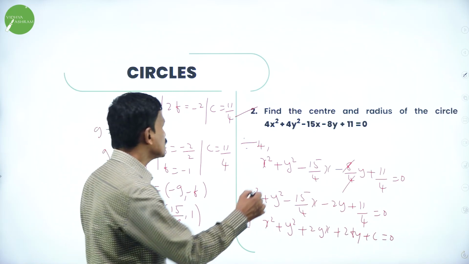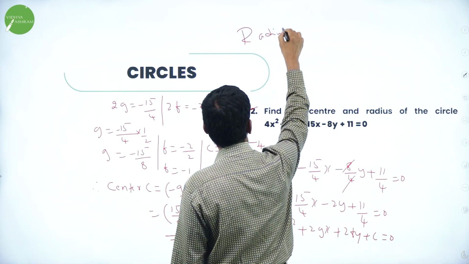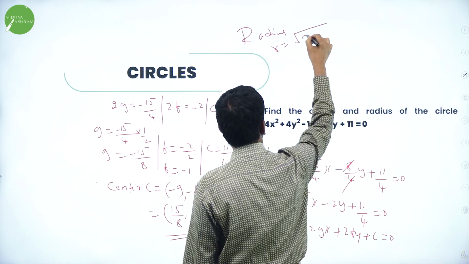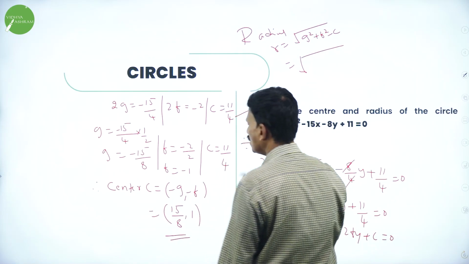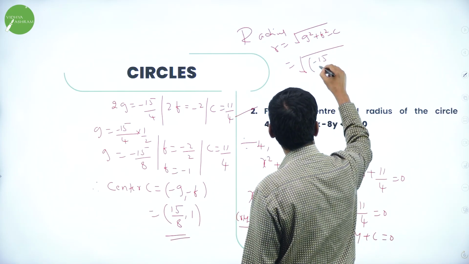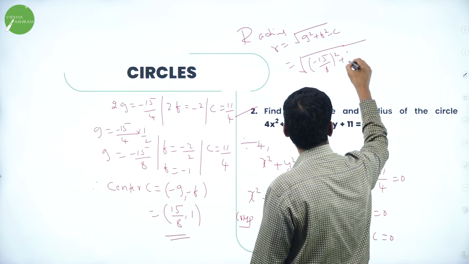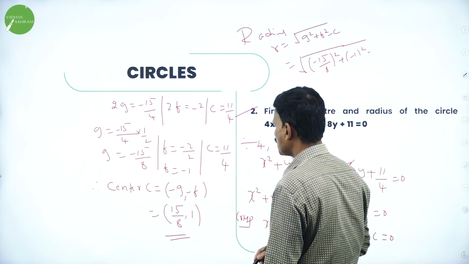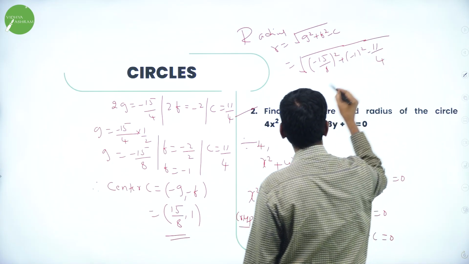Now what is the radius here? The radius r is equal to root of g square plus f square minus c. G square, what is g? Minus 15 by 8 whole square, plus f square, f is equal to minus 1 square, minus c, c is 11 by 4.